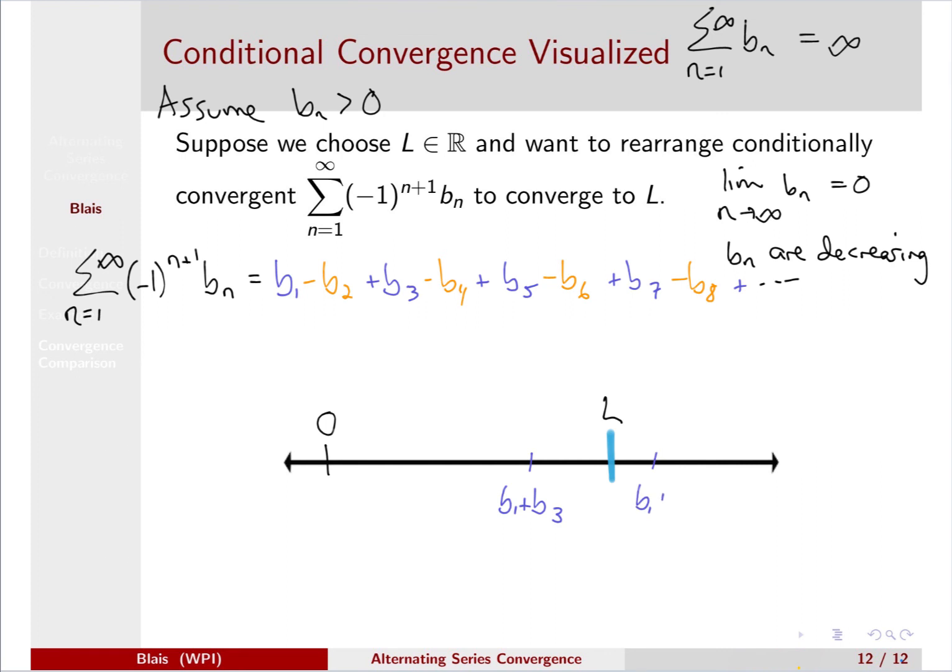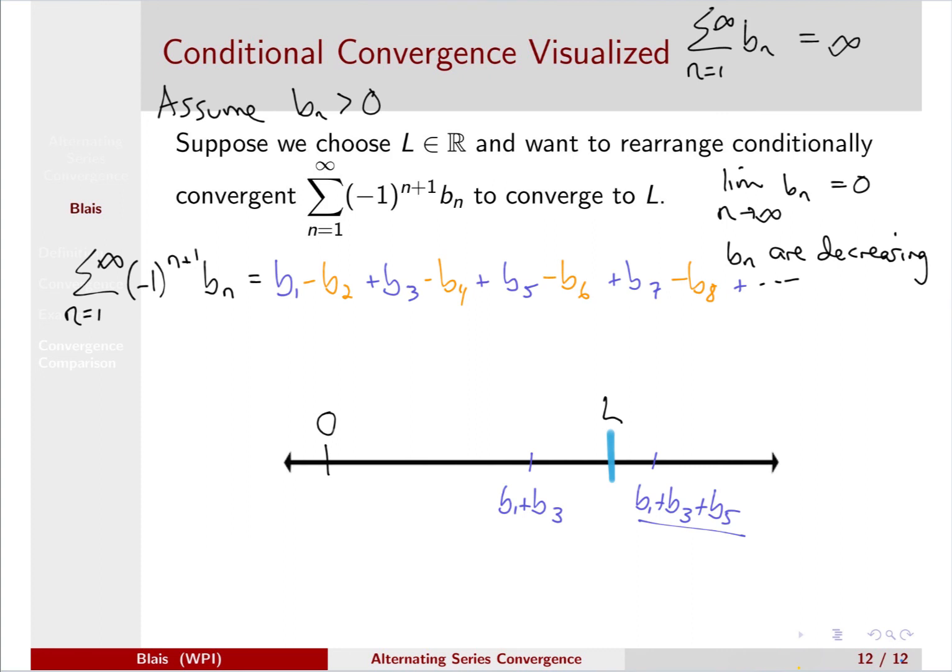But b1 plus b3 plus b5 gets us just past L. Well, we've gone too far. We've overshot. So this is what we're going to stick with for our first three terms: b1 plus b3 plus b5.